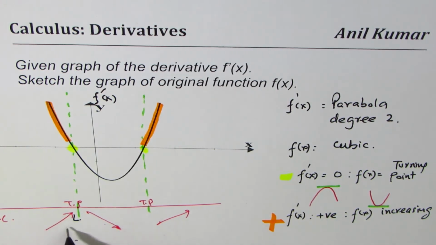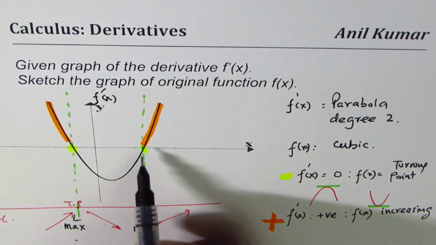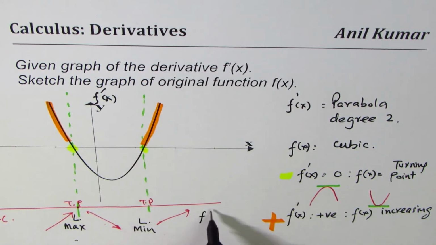Decreasing and turns, that means we have a local minimum. So on the function f of x, we'll have a minimum here, maximum there. Now I hope that really helps to get the situation under control.